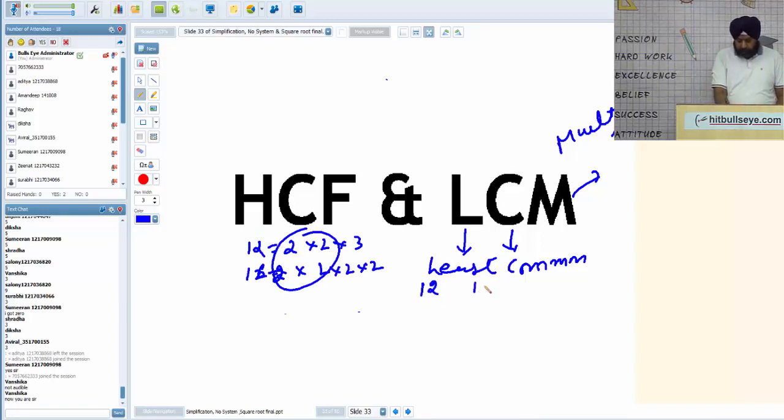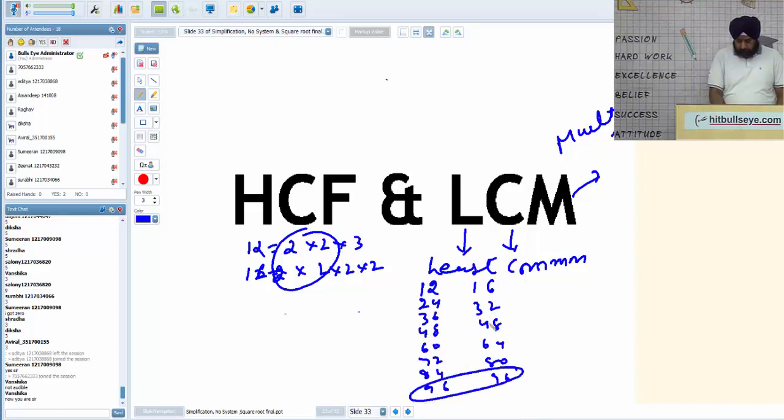Take the same example numbers, 12 and 16. The multiples of 12 are 12, 24, 36, 48, 60, 72, 84, 96 and so on. 96 is a common multiple of 16 as well, but the least common one is 48. So multiples are also divisible, but the common multiple that comes first is the least common multiple. So this is the concept.